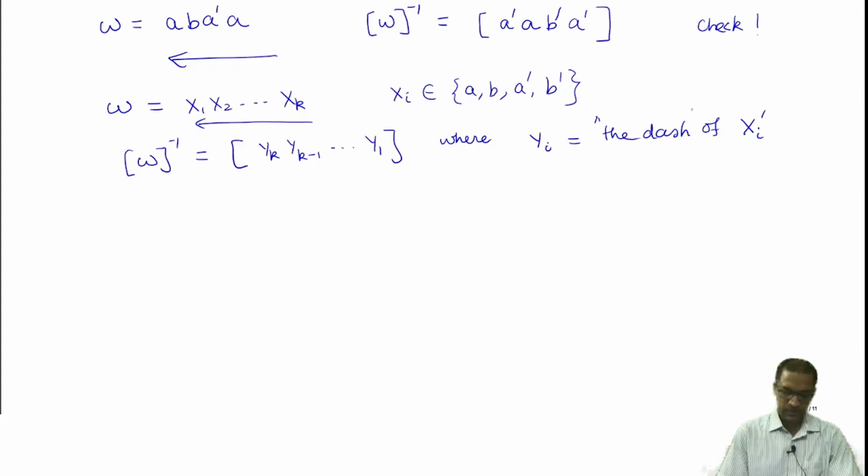Okay, so just being a bit loose here, but you know what I mean. Each xi, if it's an A, then yi is A dash. If it's A dash, then it is an A. Okay, so what have we done?